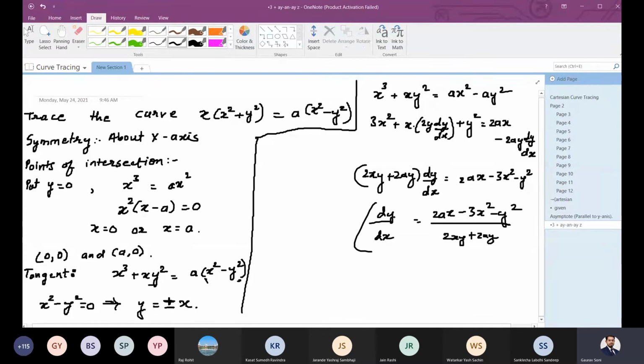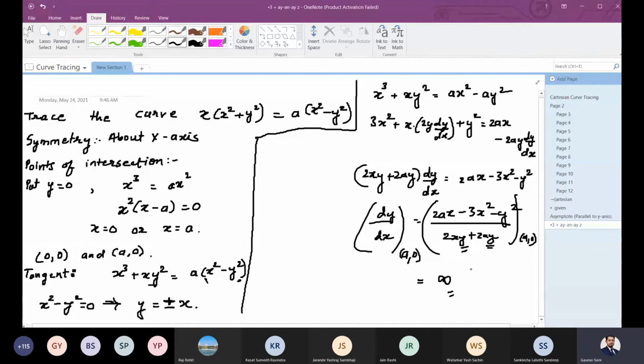What do you see if I take this at a comma 0? You put x as a and y as 0. What will be the value? This will go to infinity. As you can see, in the denominator both of the terms have y, so we will have 1 upon 0, which is infinity.